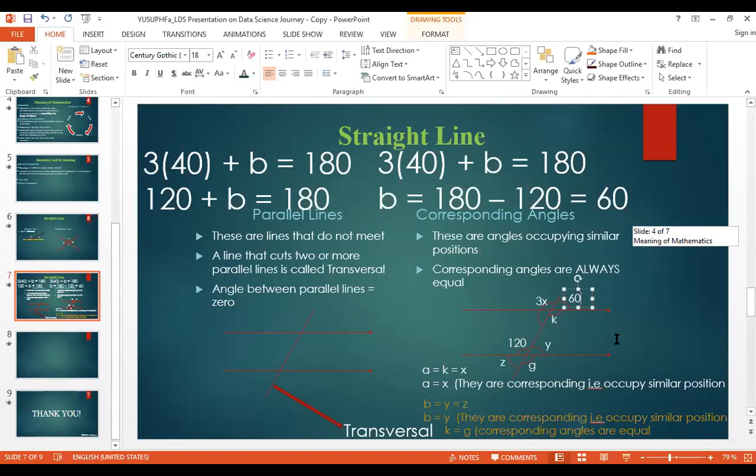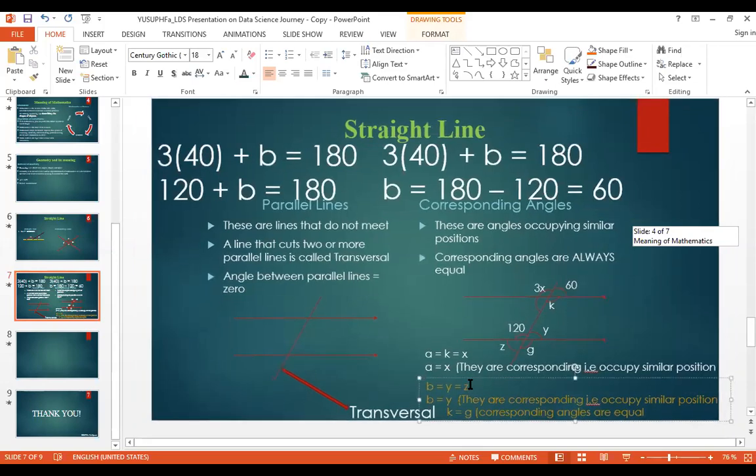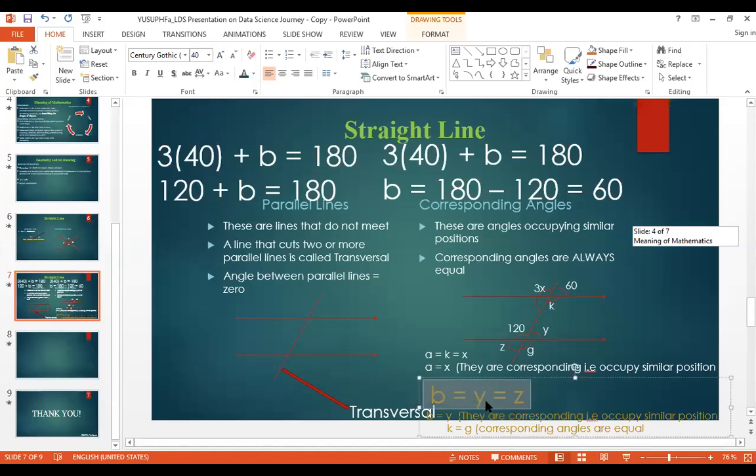Now, our b is 60, right? Don't forget, b is equals to y is equals to z. Let me bold it for you to see. B is equals to y is equals to z.